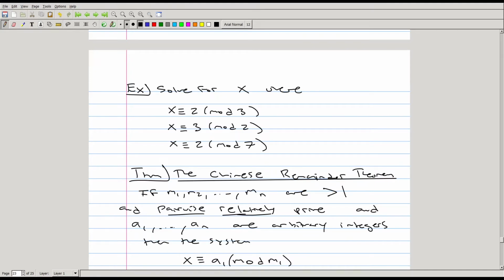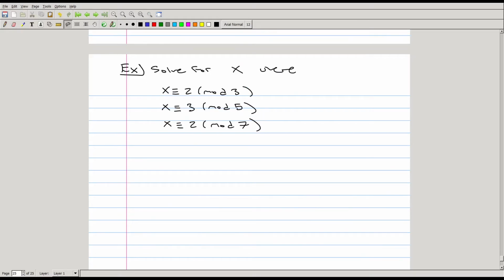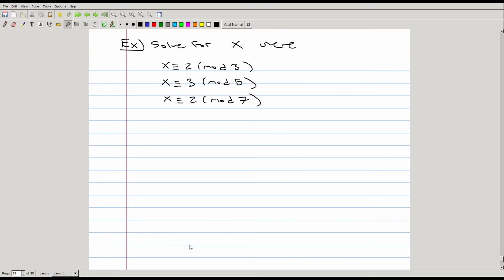Oh, and I just realized that I have a typo here. I sincerely apologize for this. This should be a 5, not a 2. And so going through and solving this is as simple as going through and saying, well, 3, 5, and 7 are all pairwise relatively prime. We form the modulus M, 3 times 5 times 7, which is equal to 105.